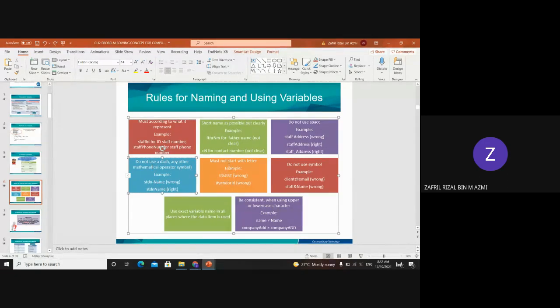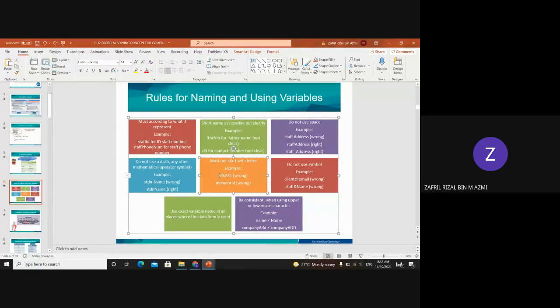Okay, you must not start your variable or constant name with a number. Numbers and symbols cannot be used at the start. Starting with a number or symbol is wrong.